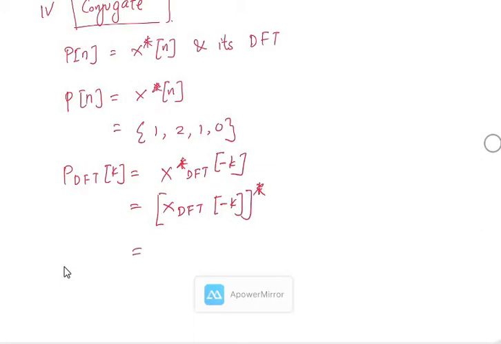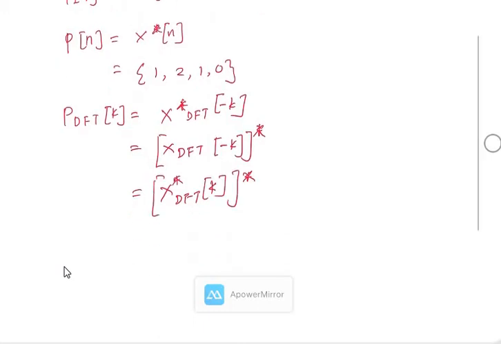So I can have the x conjugate also equal to the conjugate of X(k). This one also conjugate. So X(k) is conjugated: 4, you conjugate, you get positive 2j, 0 and minus 2j.